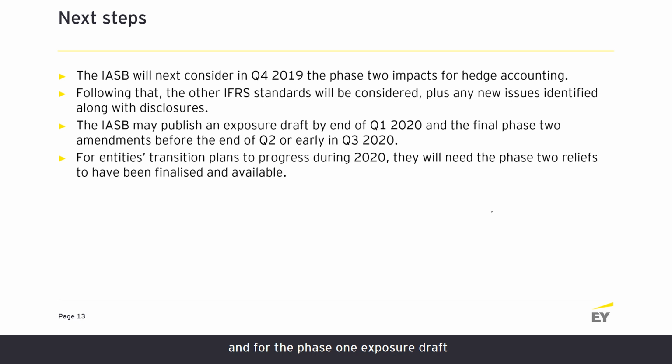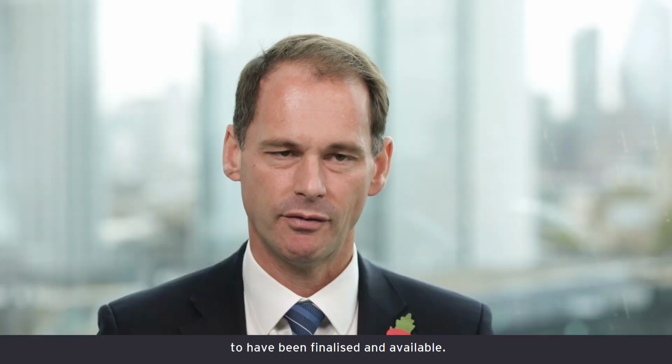For the Phase 1 exposure draft, the comment period was limited to 45 days, so if the same is done for the Phase 2 ED, the IASB is likely to publish the final Phase 2 amendments sometime early in quarter 3. This timing is important because during 2020, entities may accelerate their plans to complete the transition from IBORs to RFRs, especially during the second half of the year. For entities' transition plans to progress, they will need the Phase 2 reliefs to have been finalised and available.